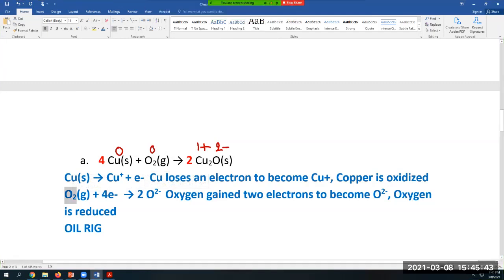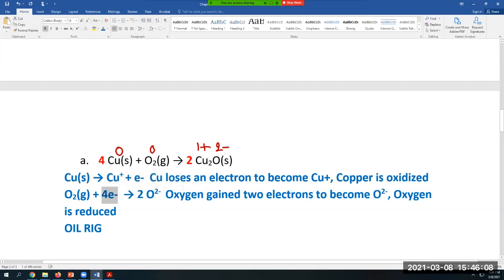So we see that in the elemental oxygen, we have 2 oxygen atoms, and so it will split into 2 oxide ions, right? 2 oxide ions. And each oxide has 2 negative charges, 2 electrons that it gained. So that means 2 times 2, 4 negative charges. So that's why on the left side, we need to add 4 electrons, right?